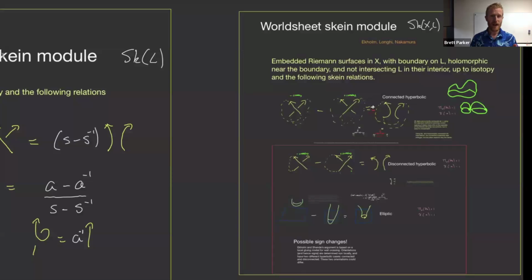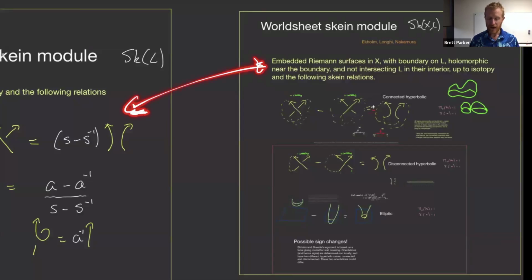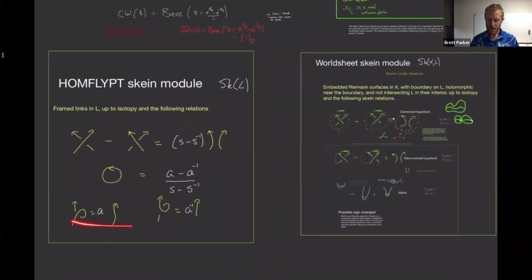Part of the problem is going from holomorphic stuff to orientation. So that goes to the worldsheet skein, and then there's this second step: once you're in the worldsheet skein module, going to the HOMFLY skein module, that's just topology now.